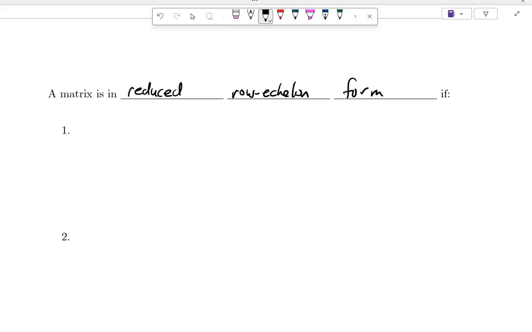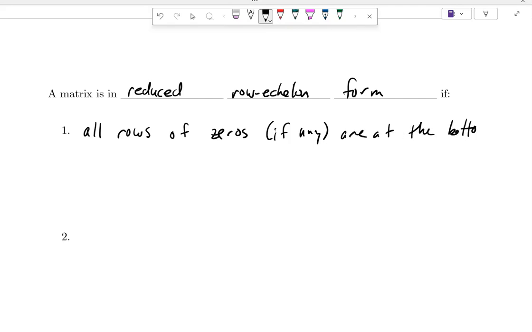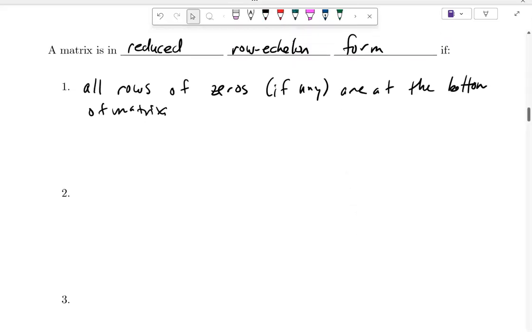Well, the first part is that all rows of zeros, if there are any, are at the bottom of the matrix. Okay? If you have a row that's entirely zeros, it has to be at the bottom.